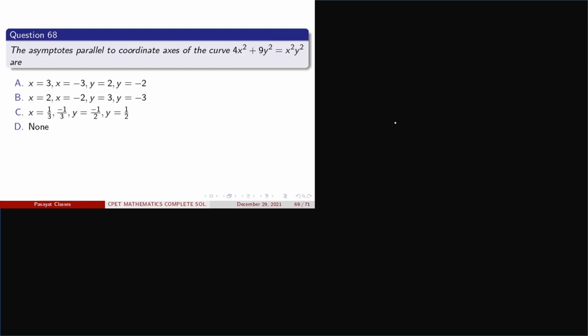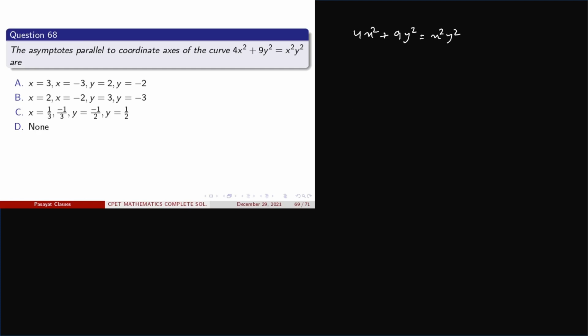Here, find the asymptotes parallel to the coordinate axes of the curve 4x square plus 9y square is equal to x square y square.